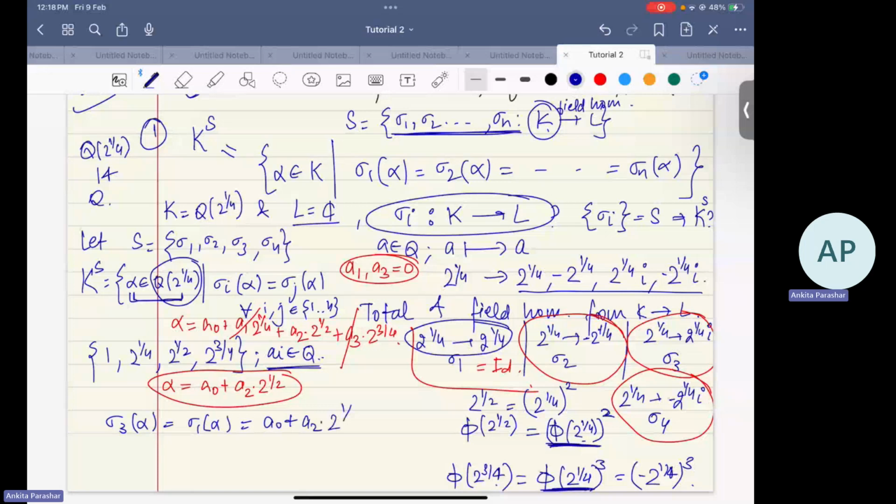Okay, now I will change my definition. We'll add a page and we will do the calculation there.